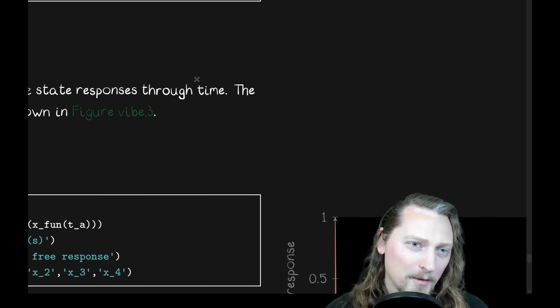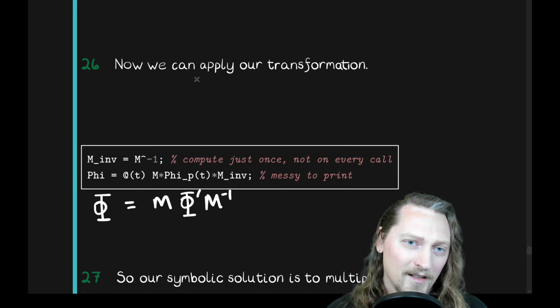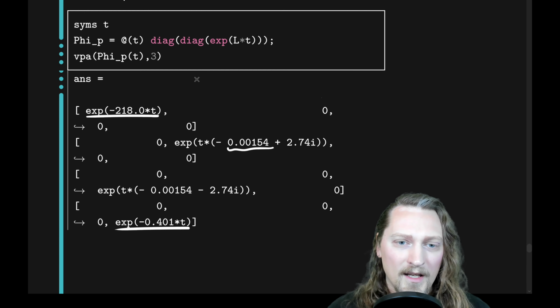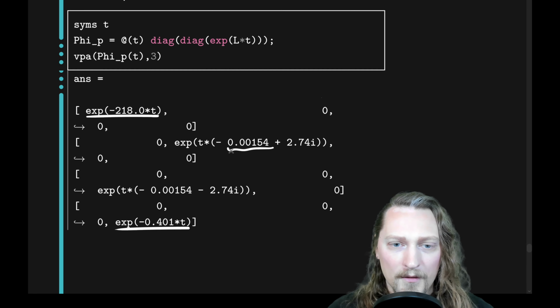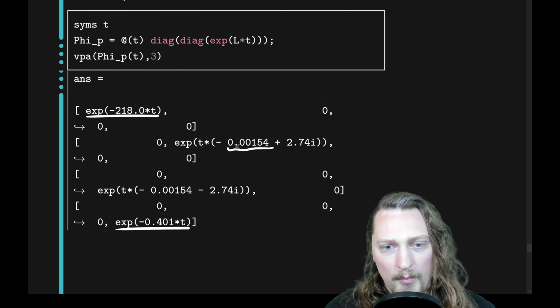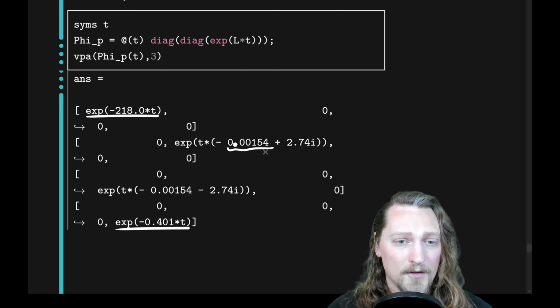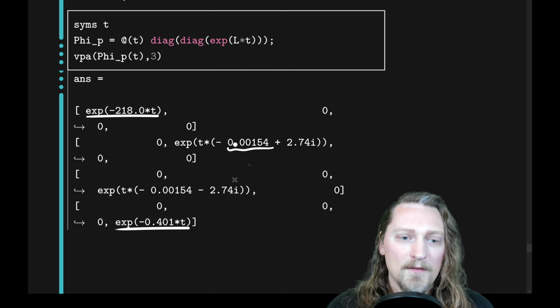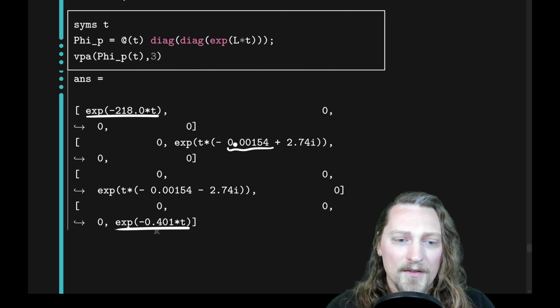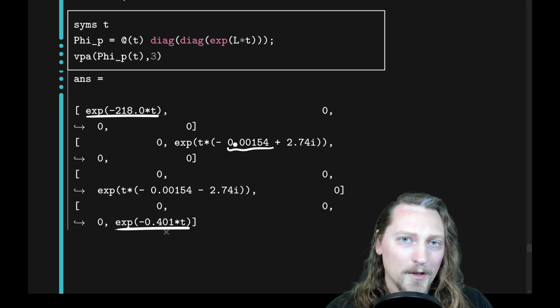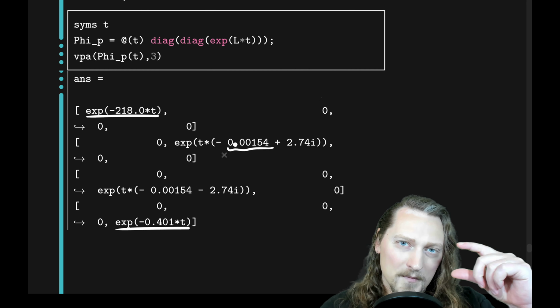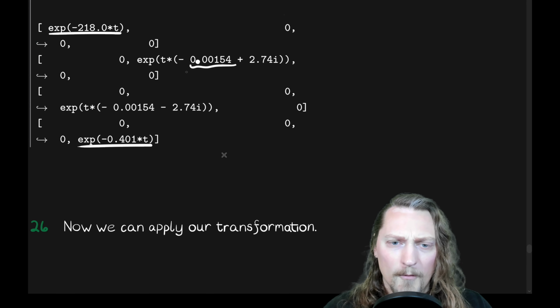So we go back up and look again. We see that that real part was negative 0.0015. So that is very slow. It's even slower than this negative 0.4 t, the real decay that we're seeing show up. So this part, the oscillatory decay, is very, very slow.